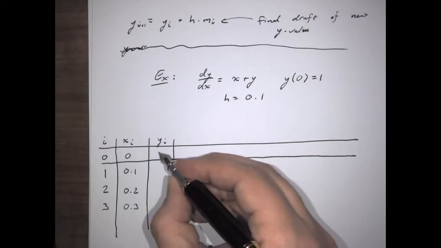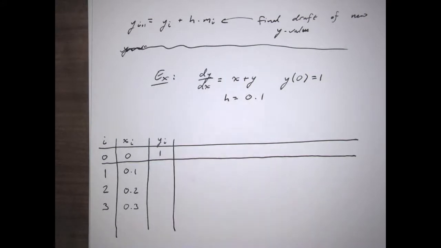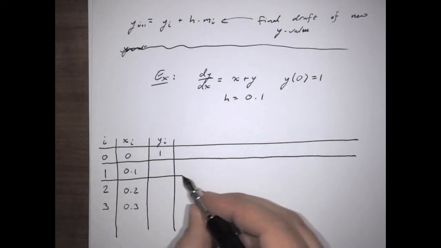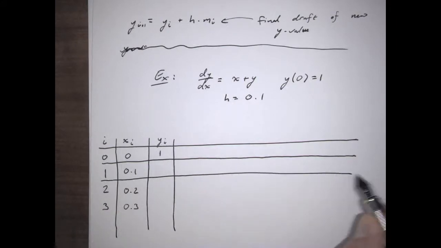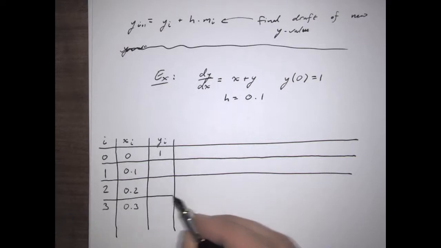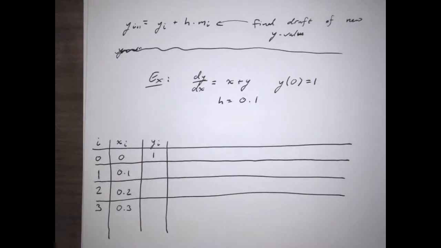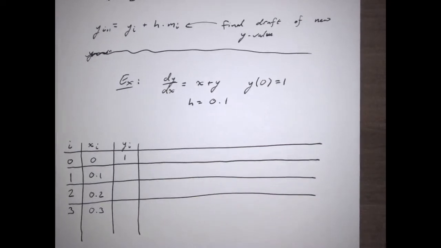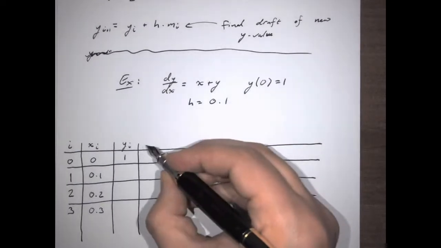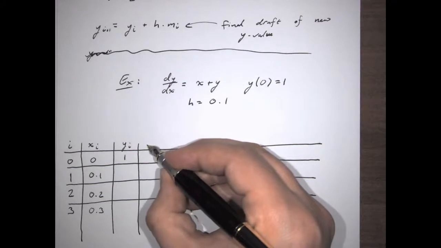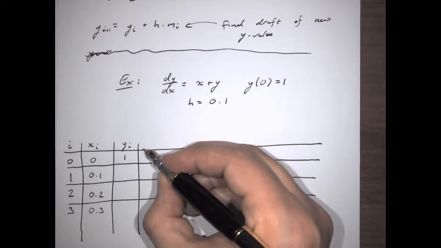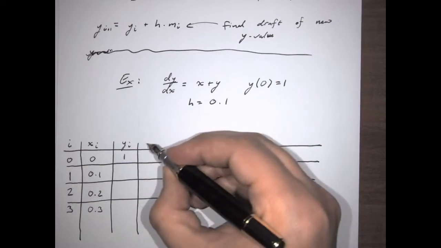And so the y initial is equal to 1 by assumption. We do not have right now the means to get the next y value. We're going to need to find all these other things, the k1, the u i plus 1, the k2, the m, and then finally we can get the y.